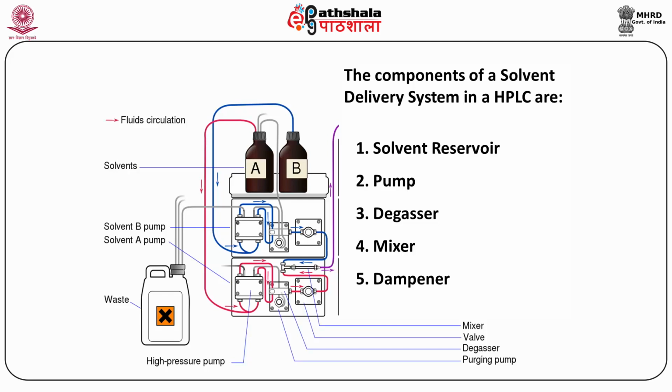If it is a mixture, it may consist of polar and non-polar solvents mixed in variable proportions depending on the composition of the sample. Therefore, the solvent delivery system in HPLC consists of a single reservoir or multiple solvent reservoirs. To facilitate the solvent flow under high pressure, valves are provided. These valves also allow rapid refilling of the solvent reservoirs.